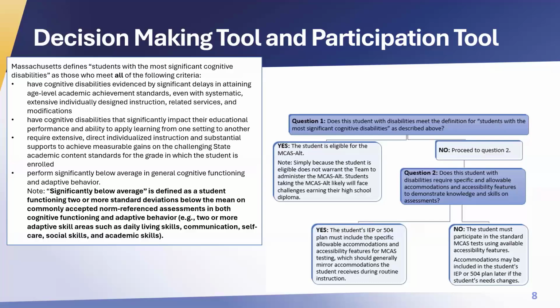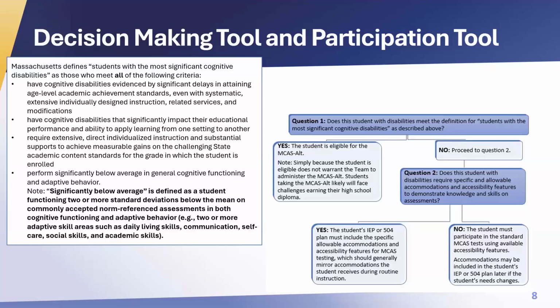As you can see on the right-hand side of your screen, there's the first question that the IEP team will ask: students have to participate in MCAS assessment, it's required. First of all, does the student meet the definition for a student with the most significant cognitive disabilities? You see on the left-hand side of your screen the definition.